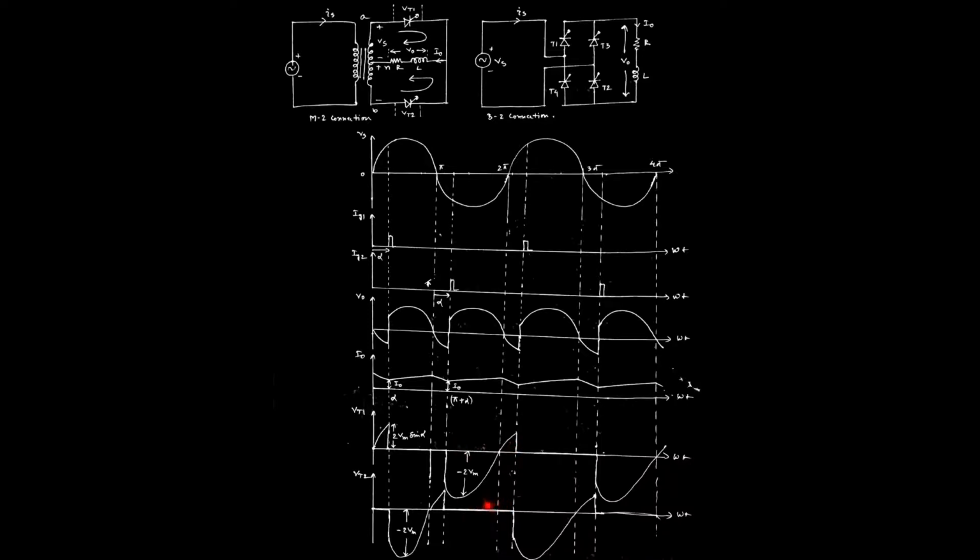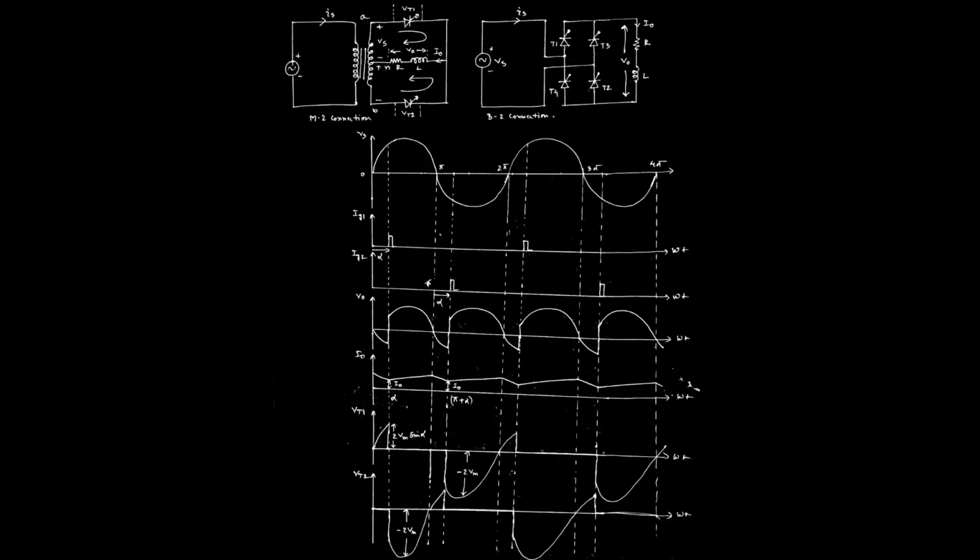Then as T2 starts conducting, behaving like a short circuit, no voltage appears across thyristor T2. In this way, it will be repeated from the next cycle onward. So this is all about the waveforms of the output voltage and output current, as well as the terminal voltage across the two thyristors T1 and T2 respectively.